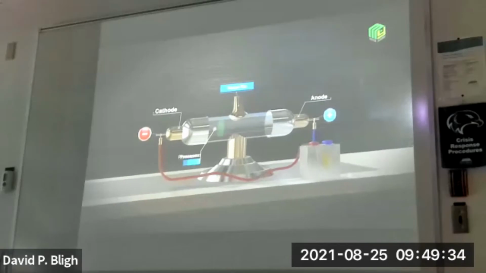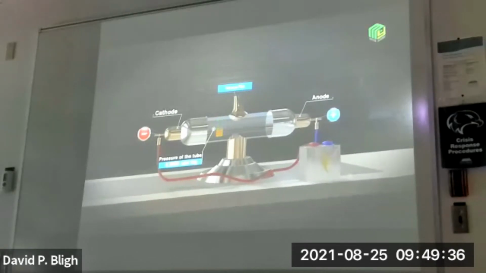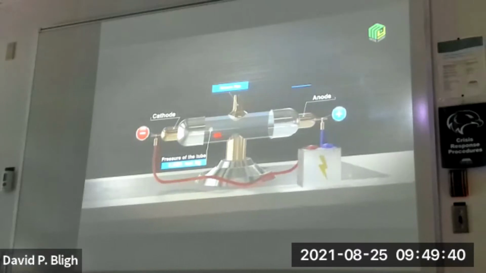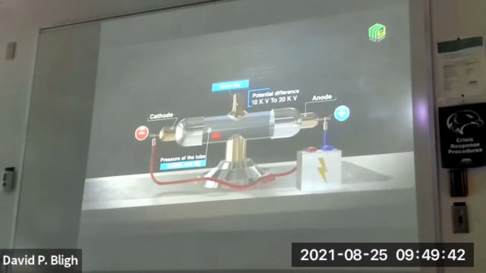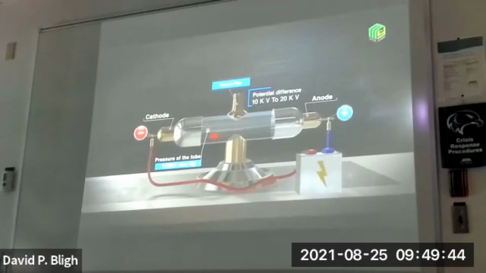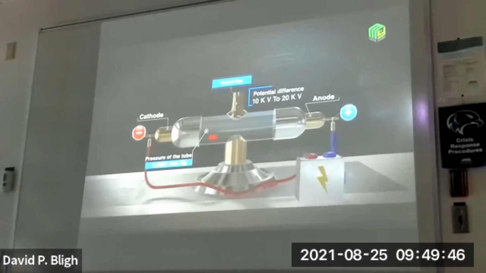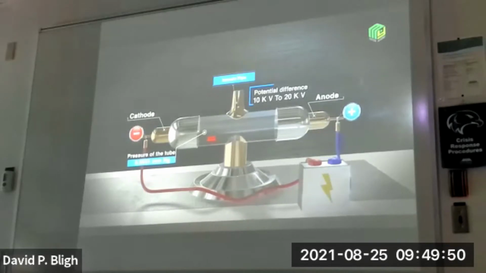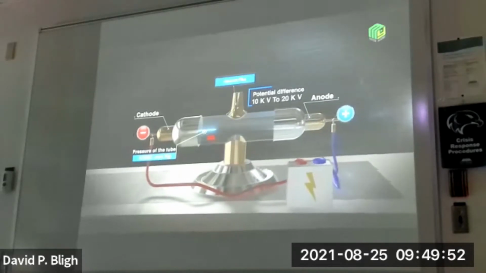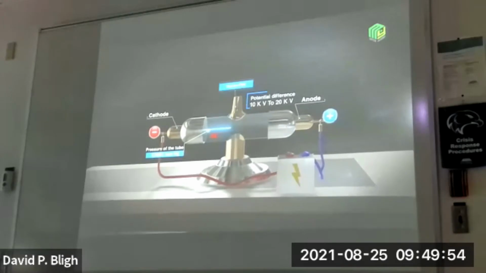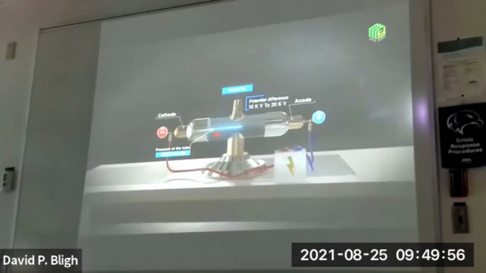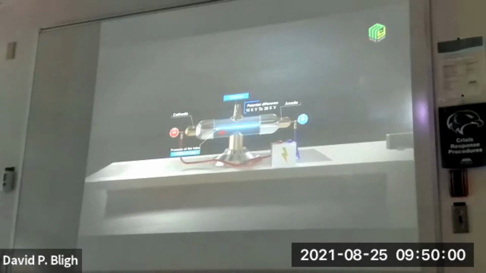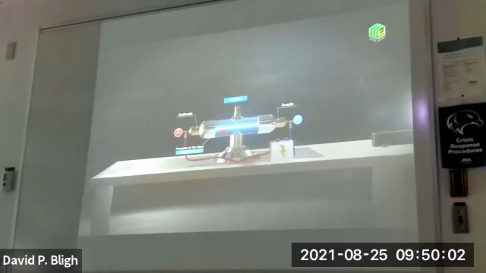However, when the pressure of the tube was reduced to 0.001 millimeter Hg, and a high potential difference between 10 kV and 20 kV was applied, at the end of the tube, a glow was seen on the walls of the glass tube. The rays emitted by the cathode travel towards the anode. The attraction of rays towards the anode reveals that the rays carry negative charge.